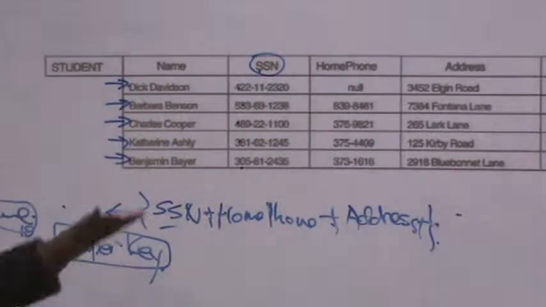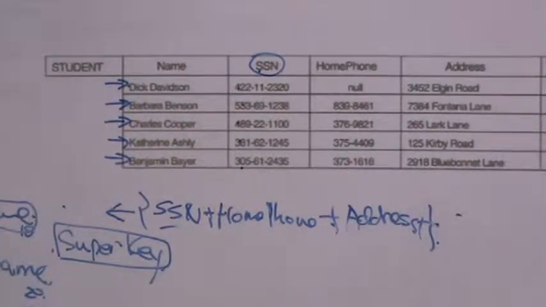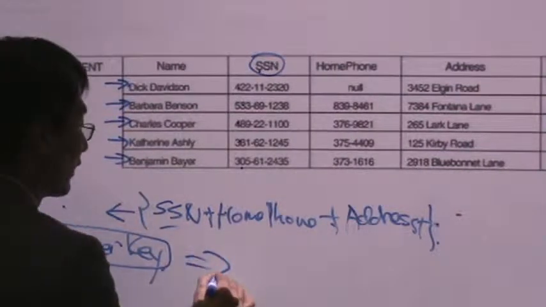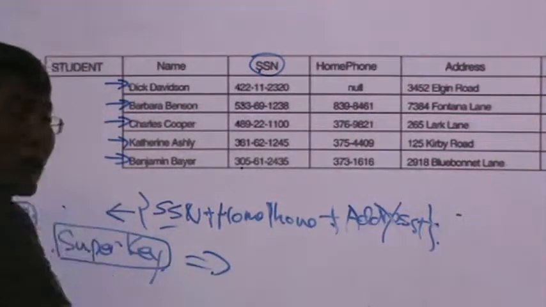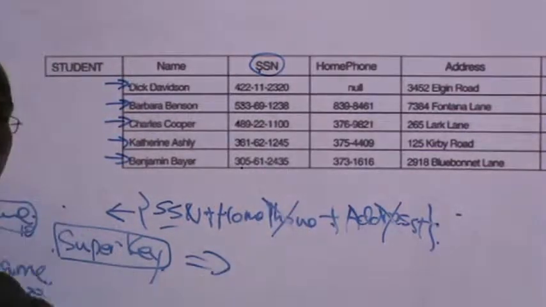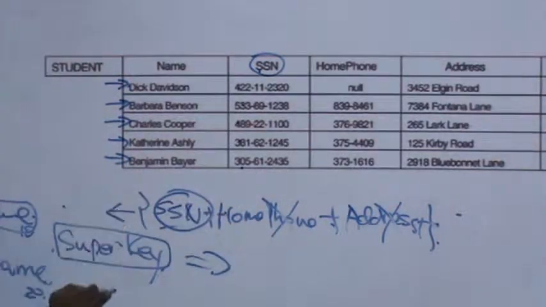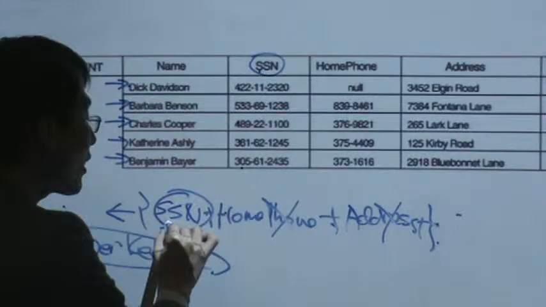How many super keys? Many. We can identify as many super keys as possible. Then actually, we don't need this one, right? We don't need this one. Only the social security number. So, minimal super key.